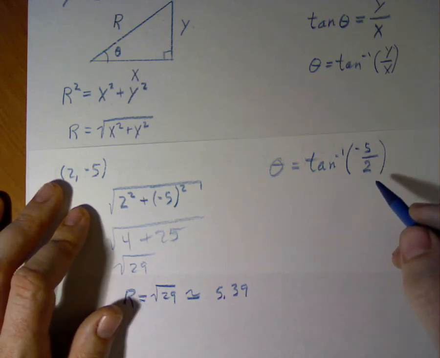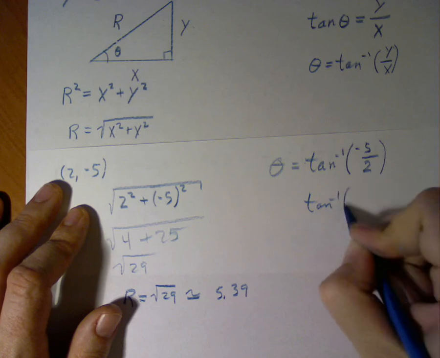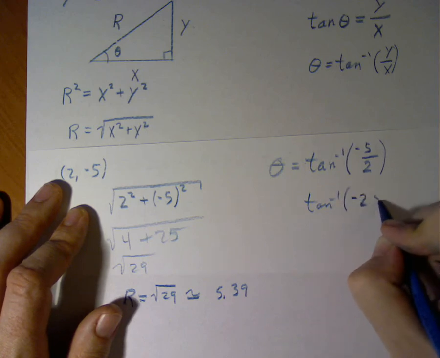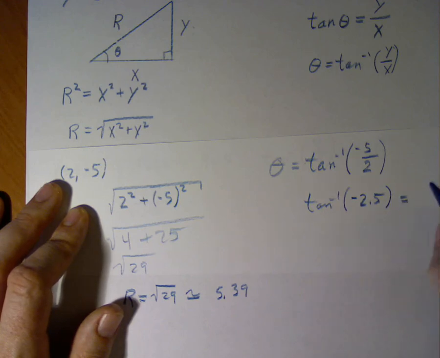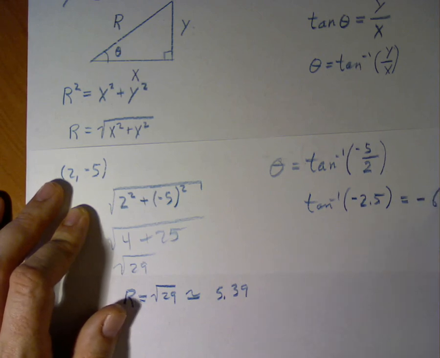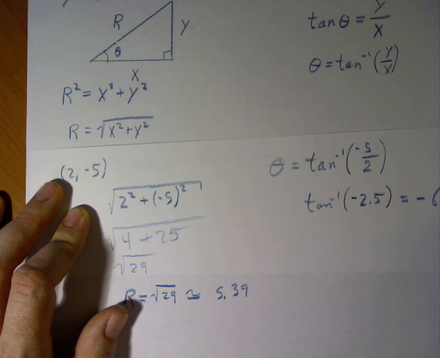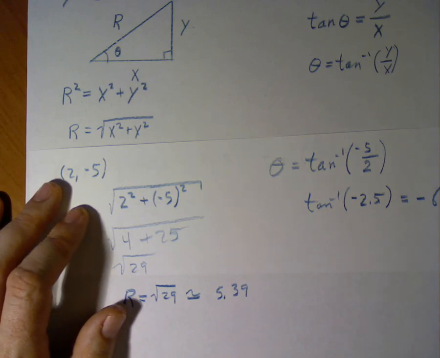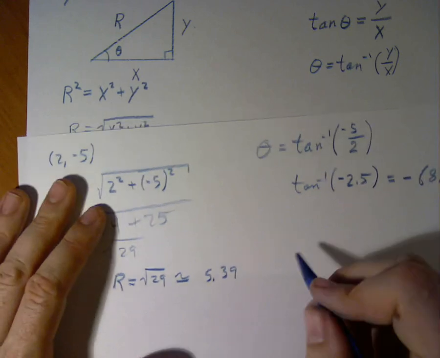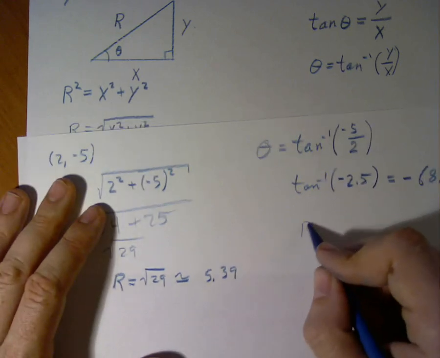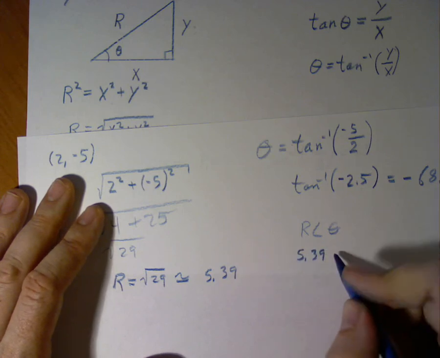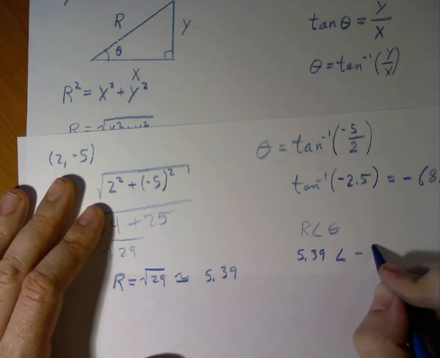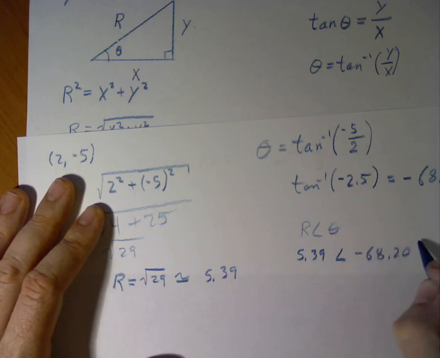If we evaluate this, we get the inverse tangent of negative 2.5, which is negative 68.20 degrees. Hence, our final answer, in the form of r at an angle of theta, would be 5.39 at an angle of negative 68.20 degrees.